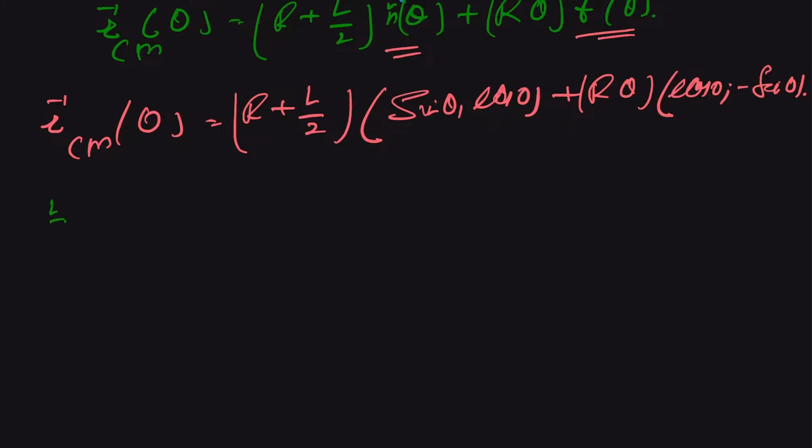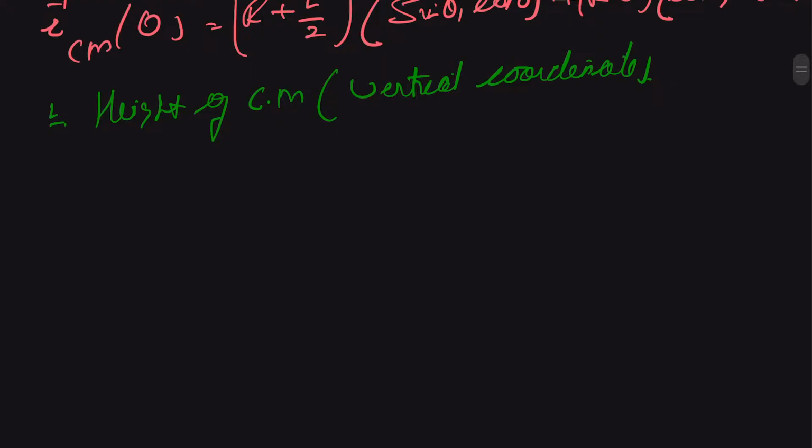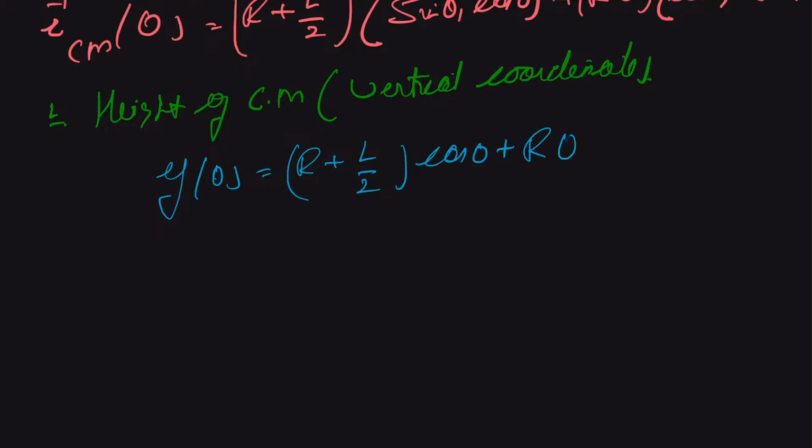So the height of the center of mass, which is our vertical coordinate, let us call it y of theta, will be equal to R plus L by 2 times cos of theta plus r theta sine of theta.